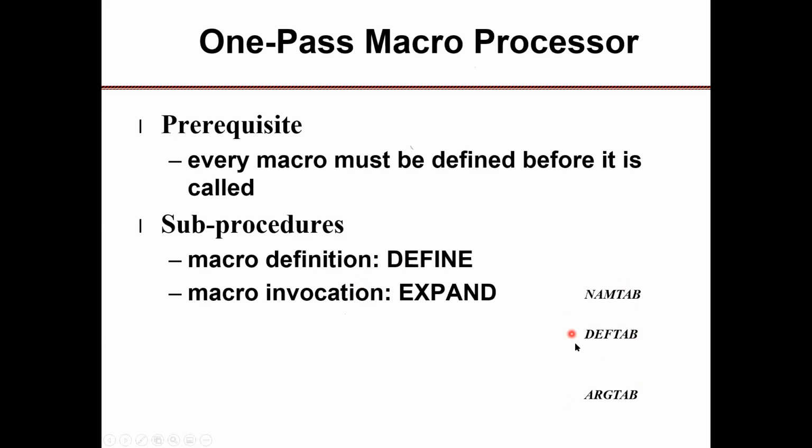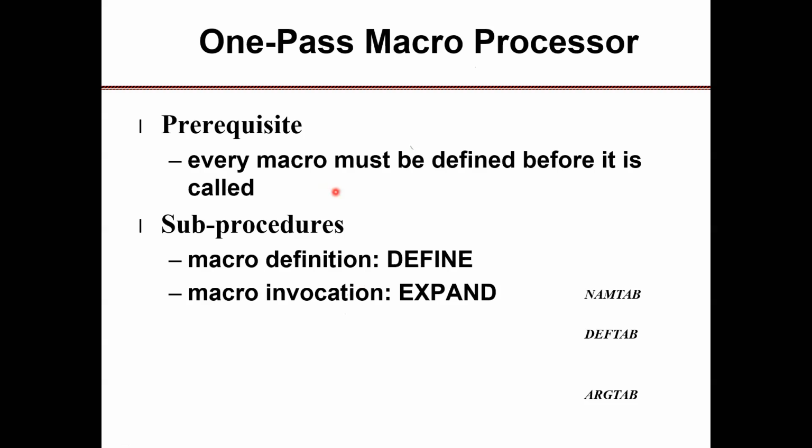So we're going to need to use those to help us implement a macro processor as part of a one-pass processor. In order to do this, we're going to require that all macros are defined before you use them. And as you recall from the assembly level source code, we were able to create symbols after we use them or before we use them.